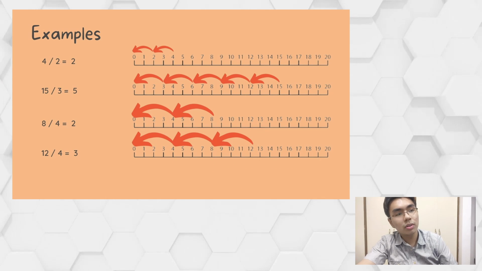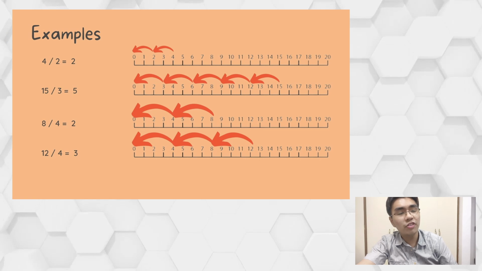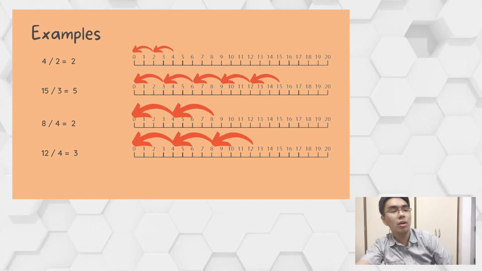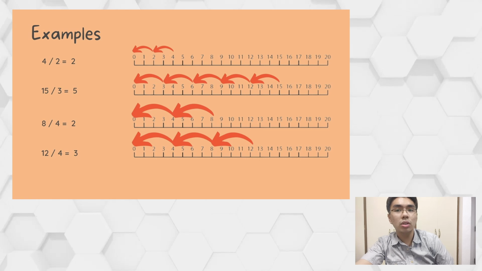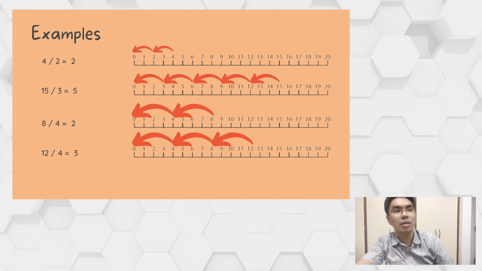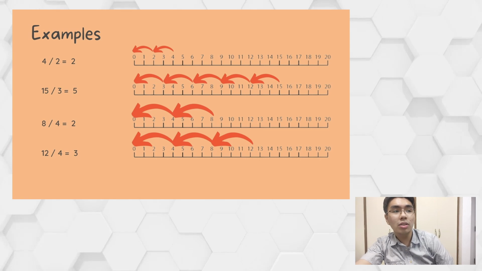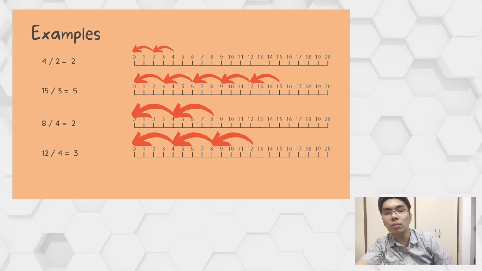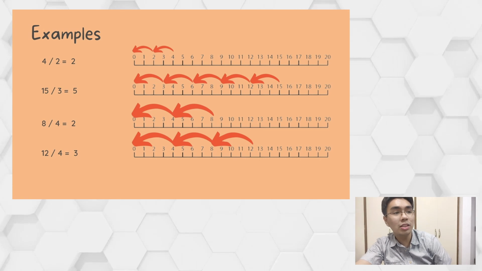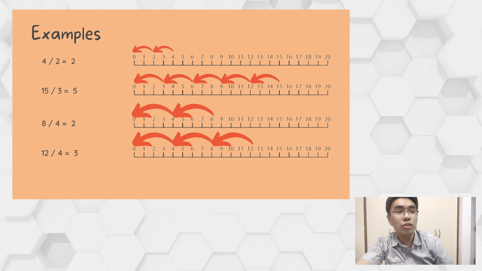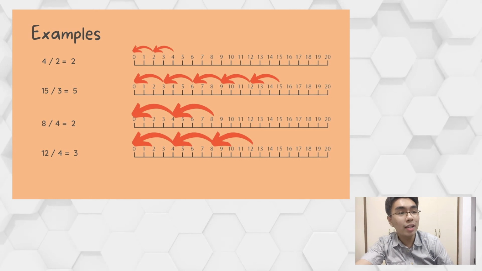Now, for the second example, 4 slash 2 equals 2. First, we start from number 4, then count 2 twice. So 4, 2, then 0. During the process until we reach 0, we have 2 arrows. So the final answer is 2.